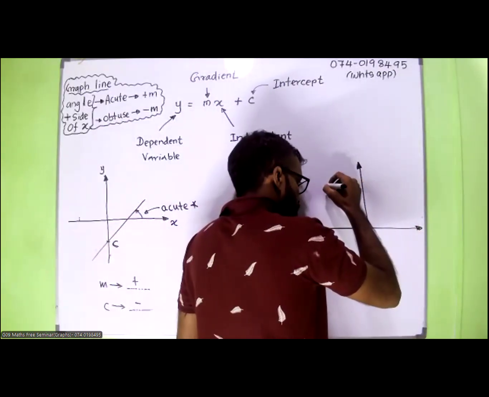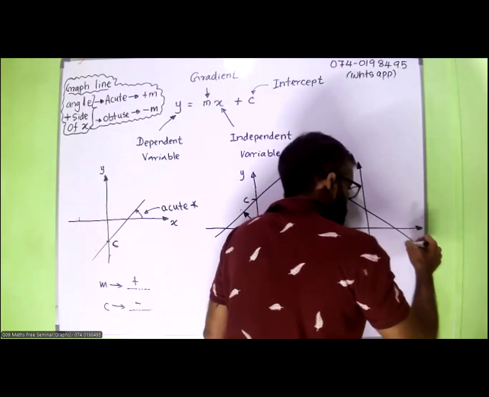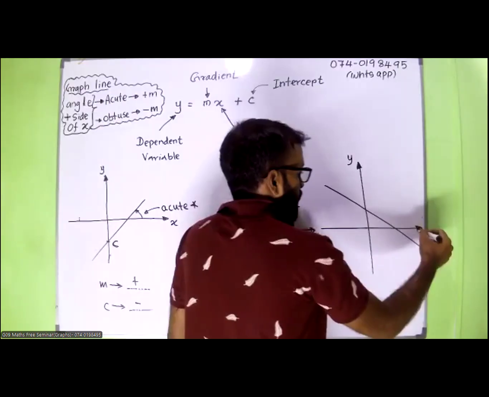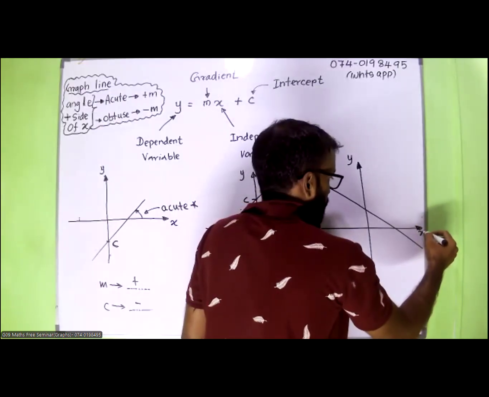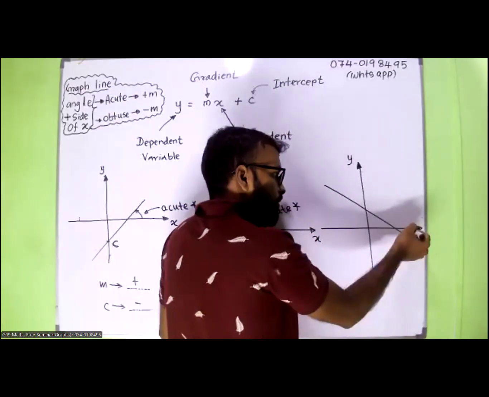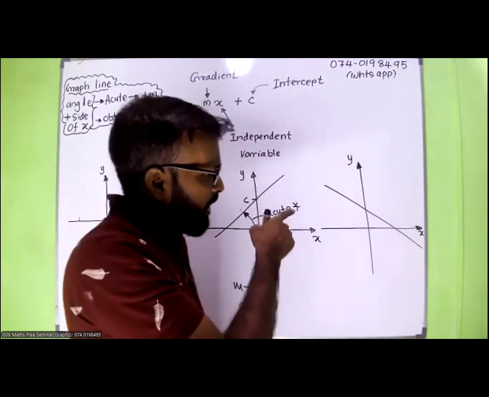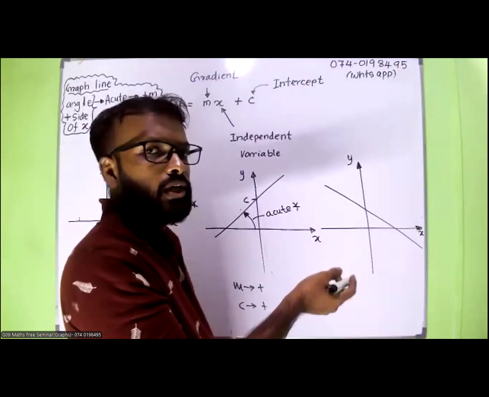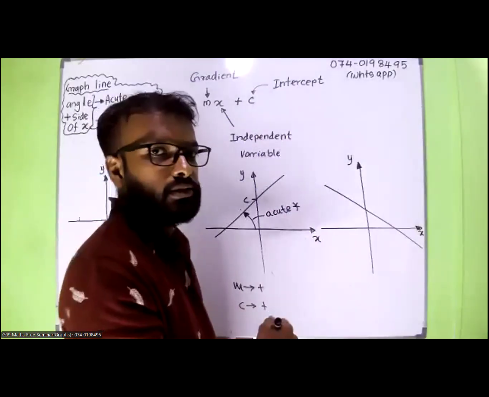Next. This is your graph line. Y, X. And what can you say about the angle that the graph line is forming with the positive side of the x-axis?